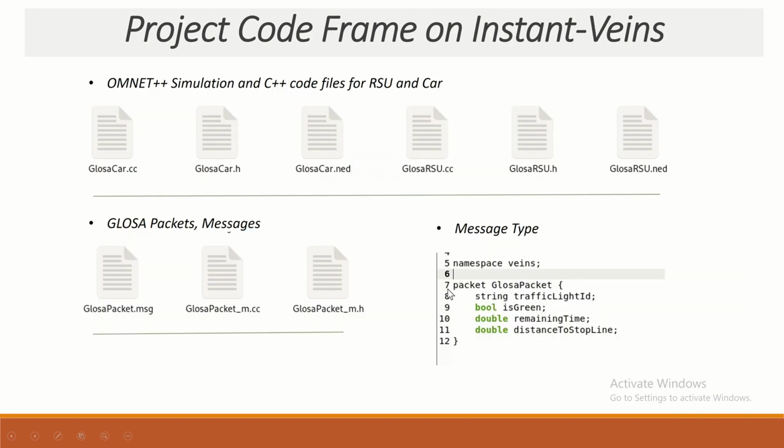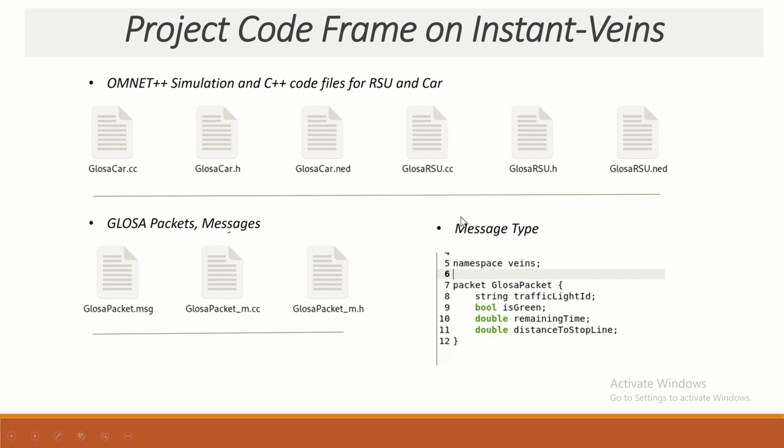The next slide shows a glimpse of the code structure of our project within the Instant Veins environment. We have specific C++ classes and OMNeT++ NED files defining the behavior of both the GLOSA-enabled car and the RSU.